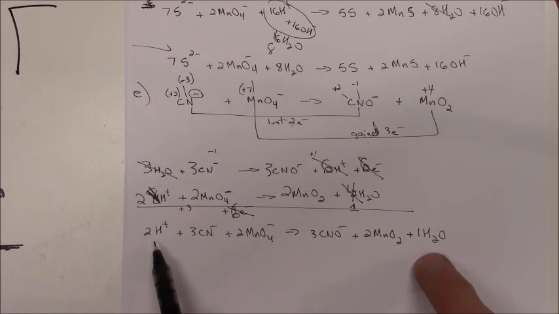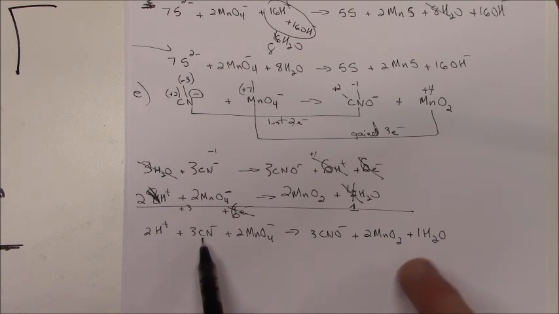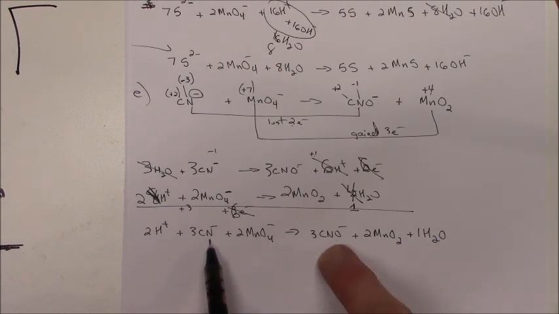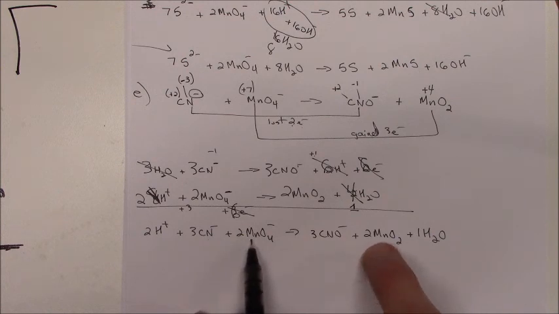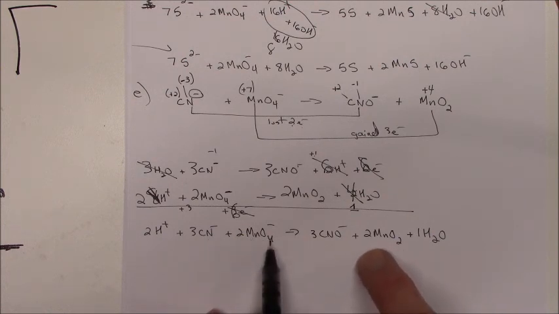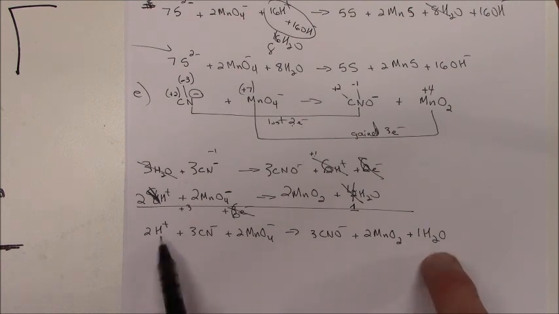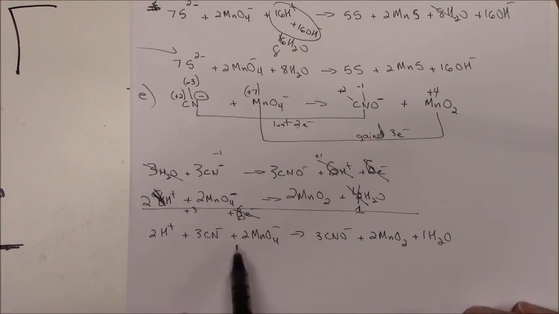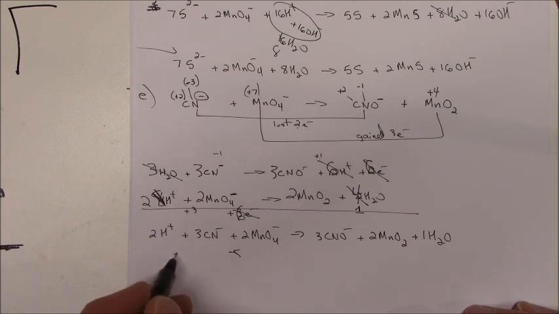Two H's, 3 carbons, 3 nitrogens, 2 manganese, 8 oxygens, 3, well there's 4, 7, 8, charge. Wow, 3 and 2, so that's -5 plus 2, so you're sitting at -3.